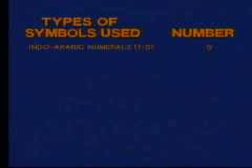In the schedule of colon classification, you will notice that different types of symbols are used. When a variety of symbols is used in a scheme, it is known as mixed notation. Now let us see what are the different types of symbols used in the 6th edition of colon classification. Types of symbols used are Indo-Arabic numerals 1 to 9, their number is 9.